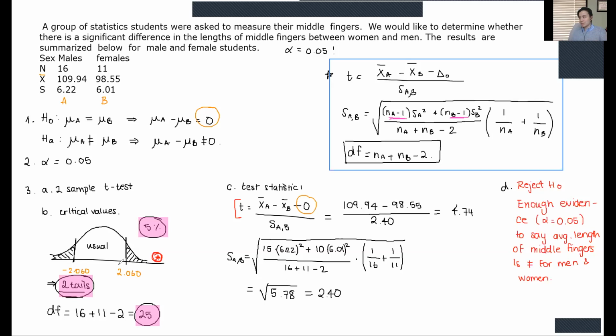Does that make sense? Mm-hmm. Yeah, so how much of a difference should I have between my samples in order to conclude that that's not just by chance and actually because there isn't a difference from the original populations. Okay. Yeah.